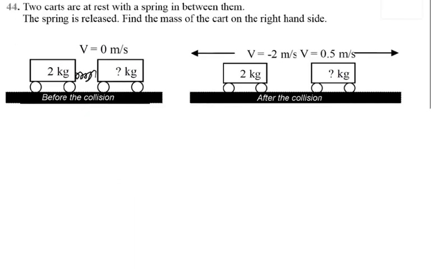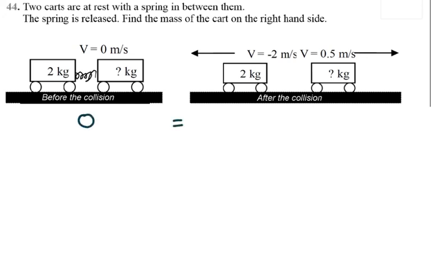In this question, they don't give you the mass of the second cart. So you have to figure out the mass of the second cart, but they give you the velocity of both of them after. So for momentum before, neither one of them is moving. So I can write mass 1 plus m2 times the velocity, which is 0 because neither one of them is moving.